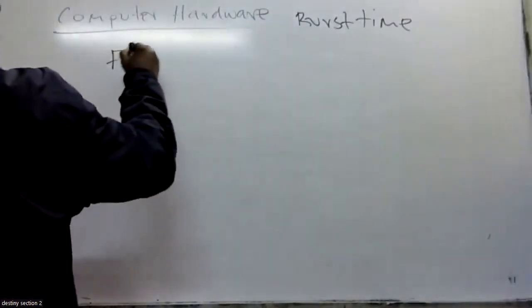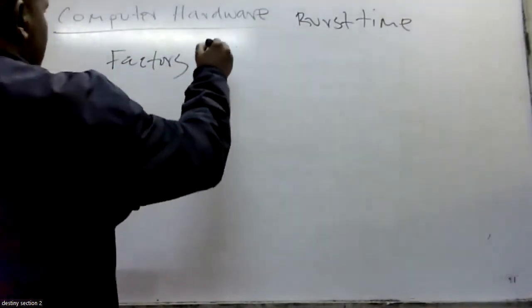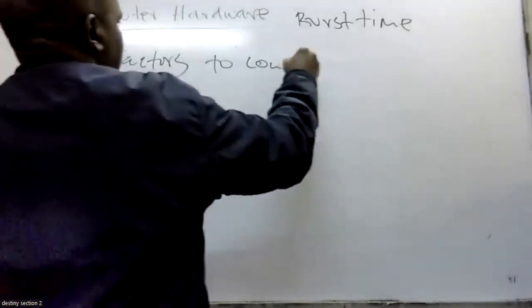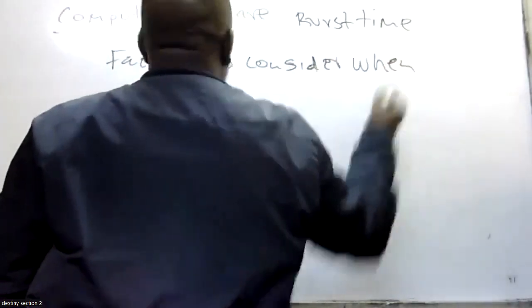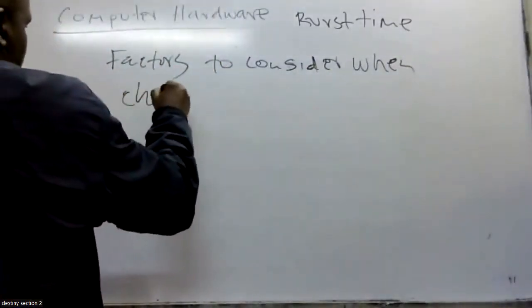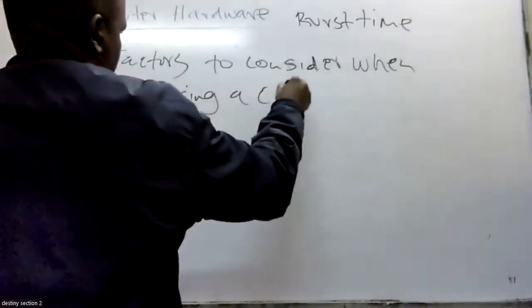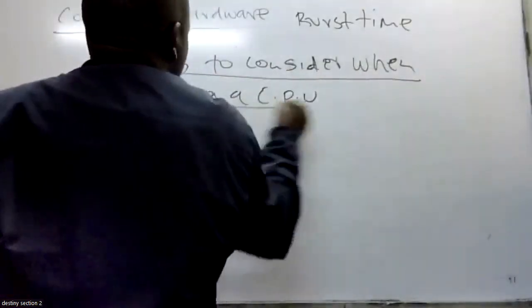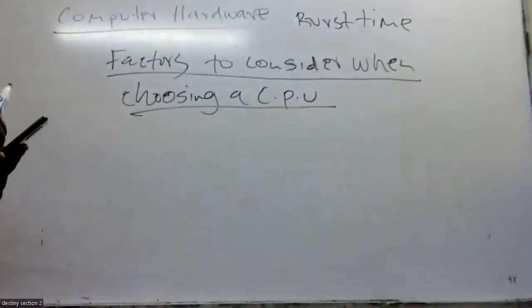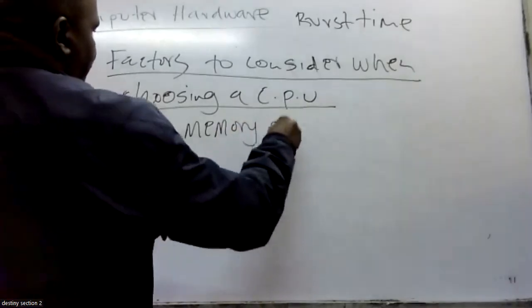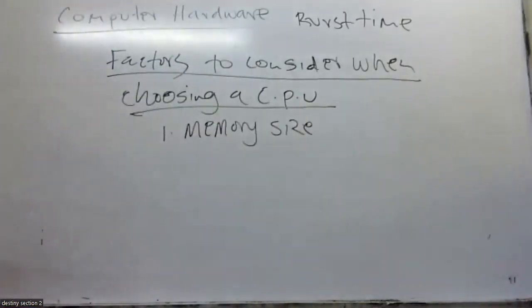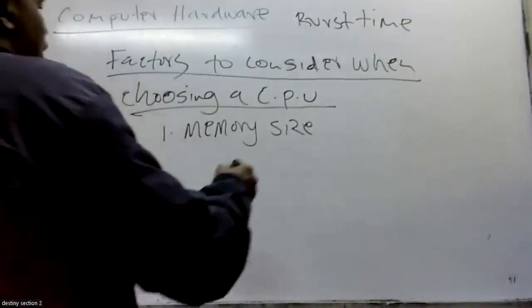The factors to consider when using a CPU: one is the memory, the memory size.